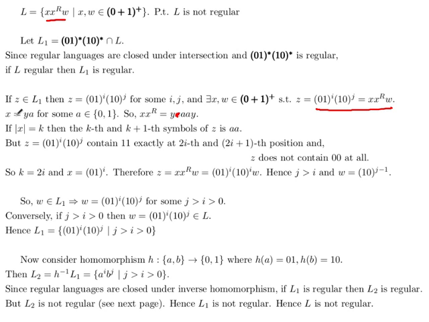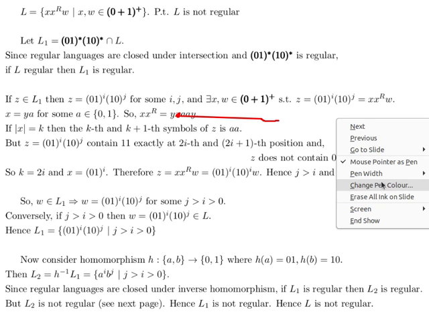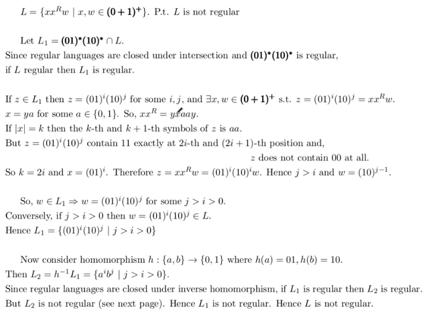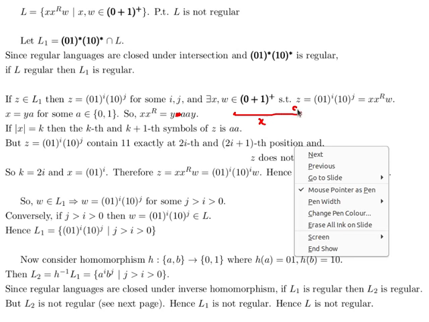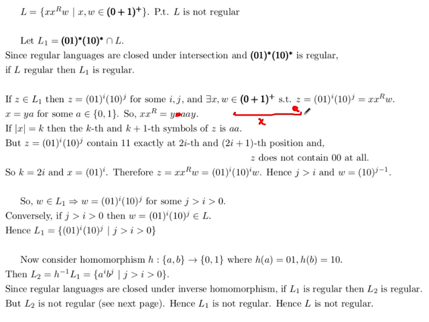Suppose your x is of length k. So you have some x, and at the very end you have this a, and then you have x reverse.